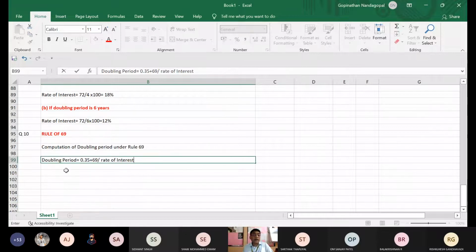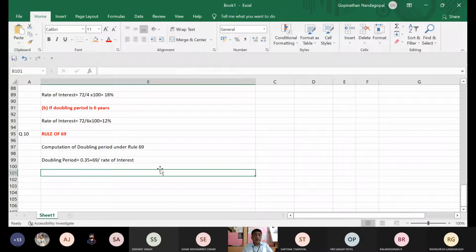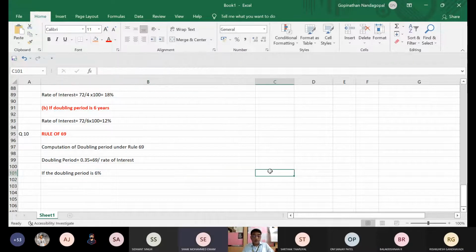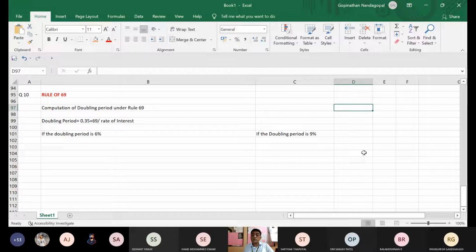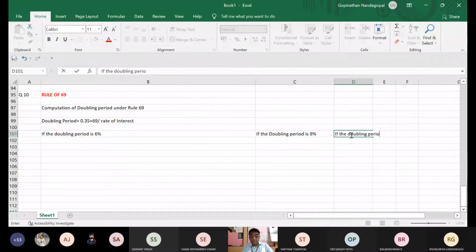Okay, so we have three cases: if the rate is 6%, if the rate is 9%, if the rate is 12%.